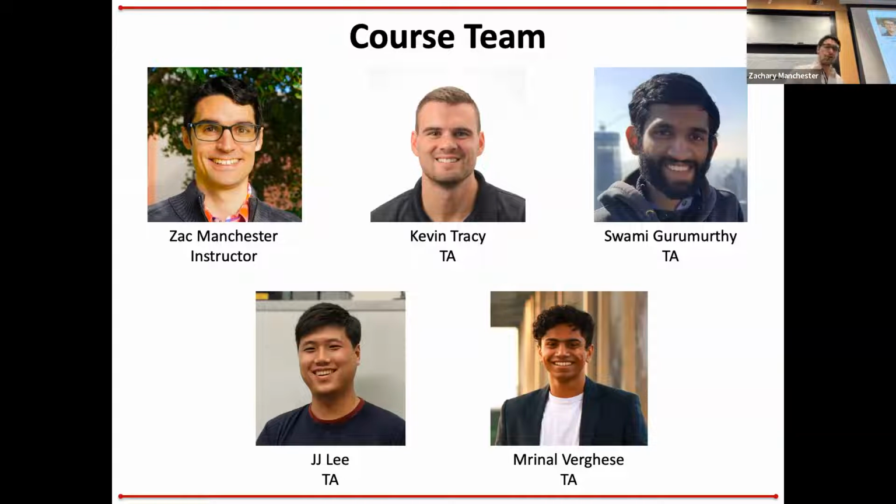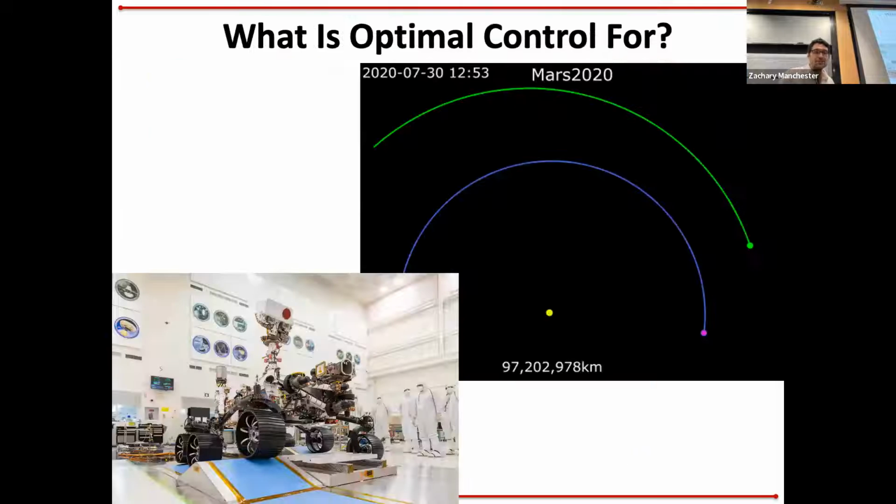What else? So yeah, I wanted to give a little bit of a warm-up pitch for why this stuff is cool and why you might be interested in this topic, and hopefully why you showed up today. So what is optimal control for? Lots of things.